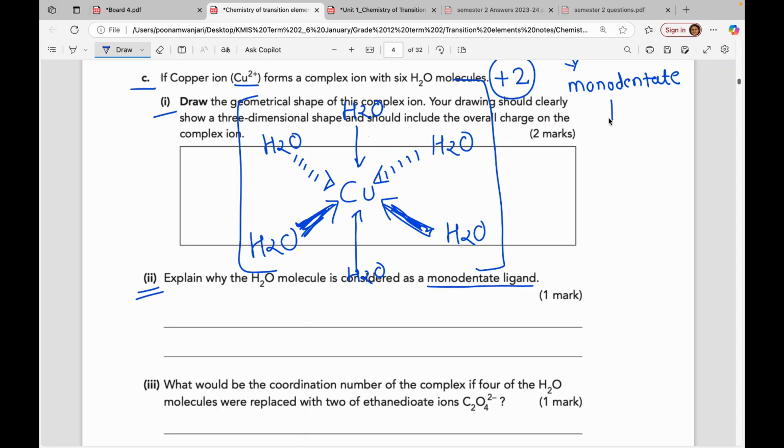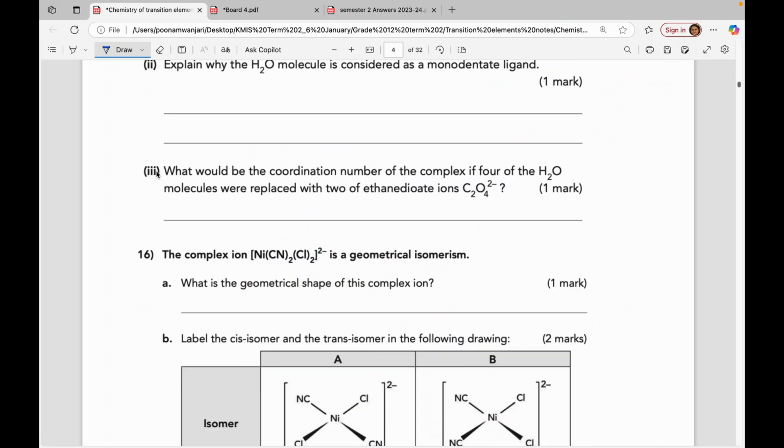So already I explained here, monodentate ligand means one which donates one pair of electrons, or you can write it forms one coordinate bond. One water molecule can form one coordinate bond or one dative bond. This is the reason water molecule is considered as monodentate ligand.